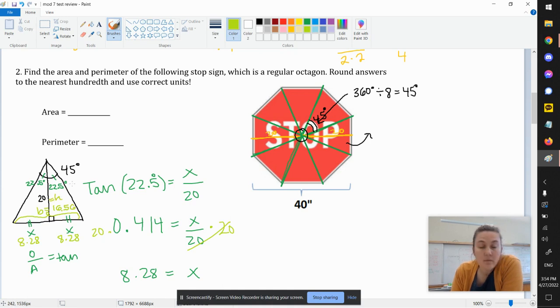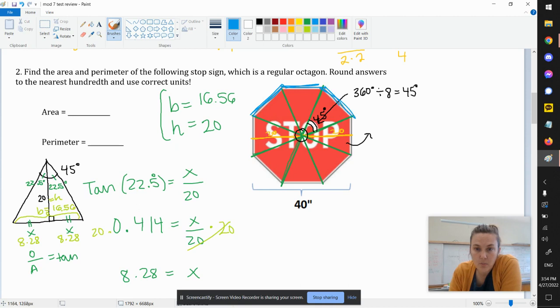My height is 20. They gave me that. And now that I know my base and my height of all my triangles, so base was 16.56 and height was 20, now I can find my area and my perimeter. The perimeter is just all the bases added together. That's a base, that's a base, that's a base.